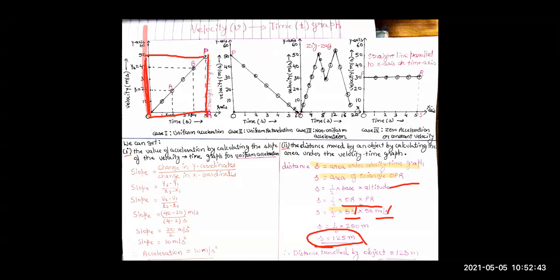So this is the distance traveled by an object moving with uniform acceleration, right? So children, from the velocity time graph, we can find two physical quantities. First, we can find the acceleration by calculating the slope of the velocity time graph. Secondly, we can find the distance by calculating the area under the graph.